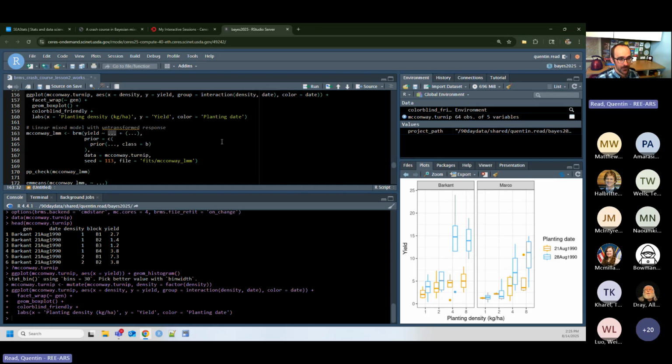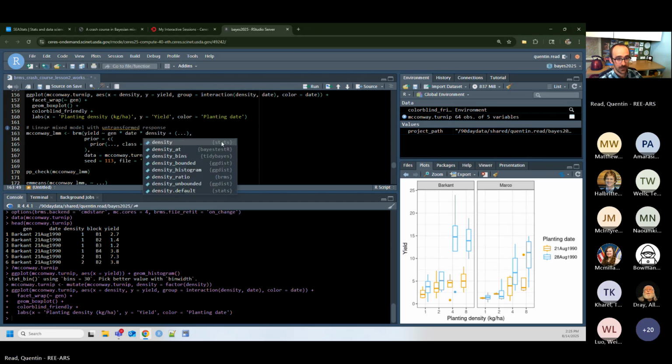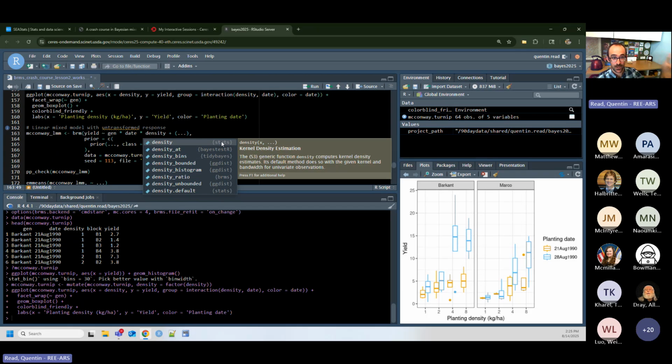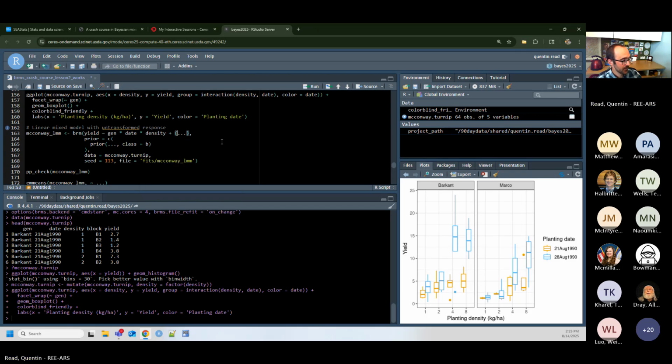Our predictors are genotype, GEN, date, and density, and we want all the interactions between them. So we're going to do genotype asterisk date asterisk density. That'll give us the main effects plus all their interactions.